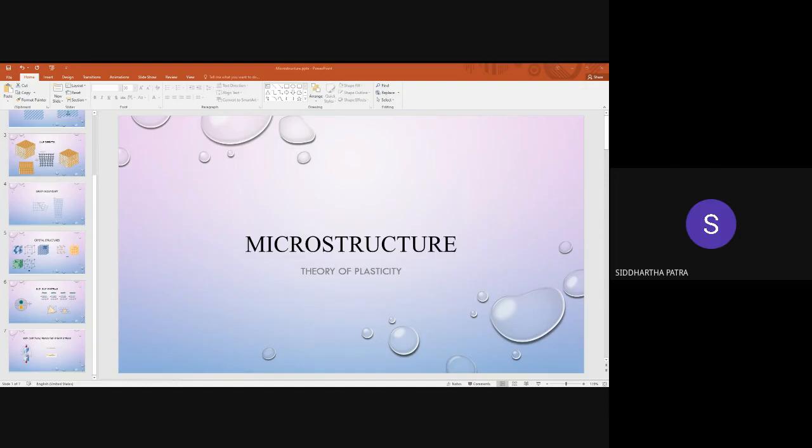To anticipate that would be very hard, and it is also not a complete view of plasticity without the microstructure, or the metallurgical or material science background in that. Okay, so having said that, can you see my screen?